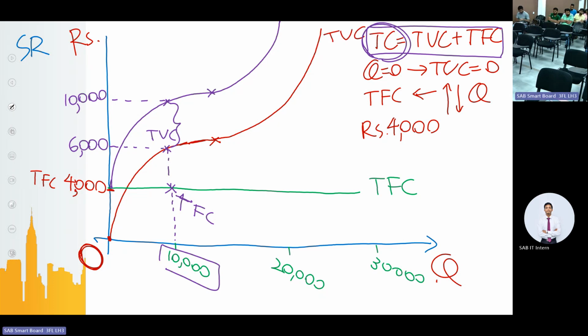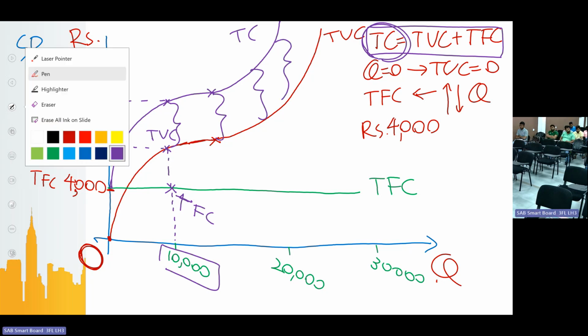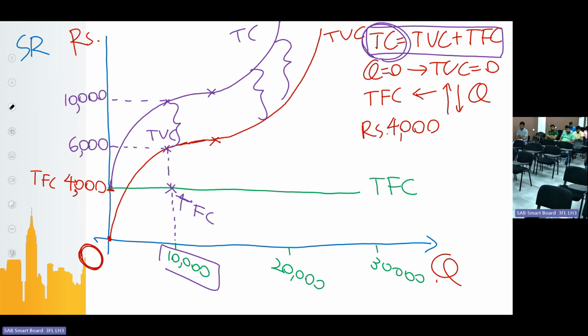So this is total cost curve. The vertical difference between total variable cost and total cost curve will be total fixed cost.